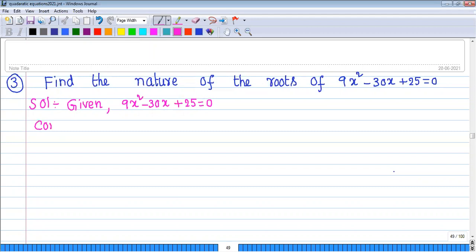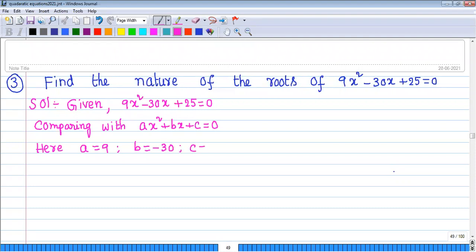Comparing with the ax square plus bx plus c equals to 0, here a equals to 9, b equals to minus 30, c equals to 25.